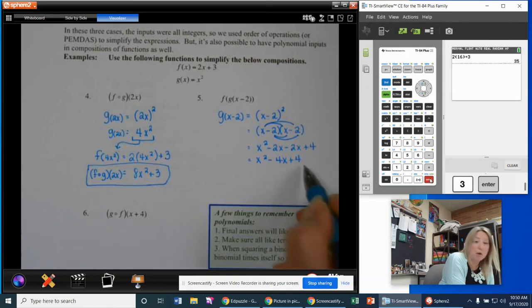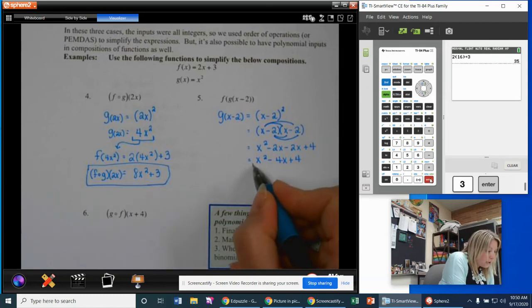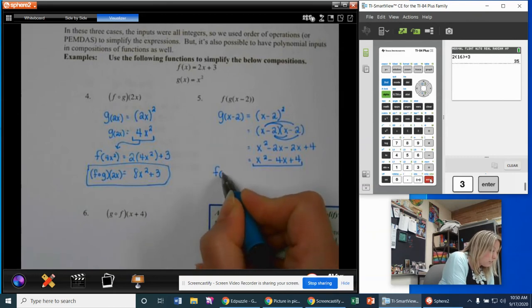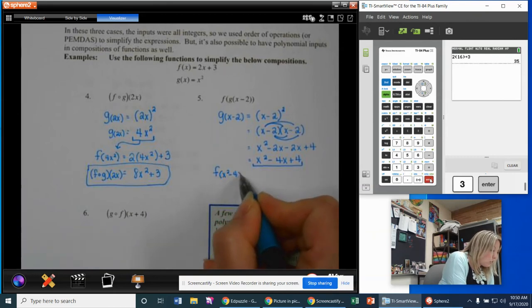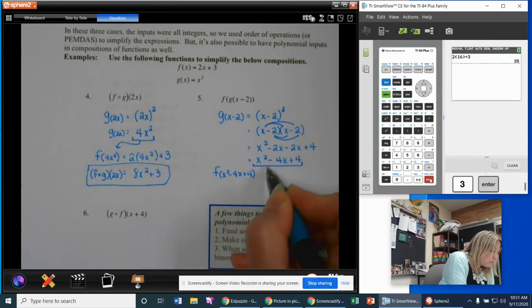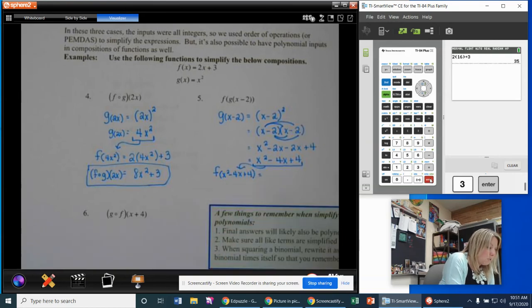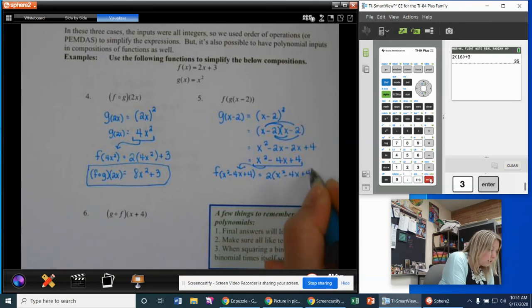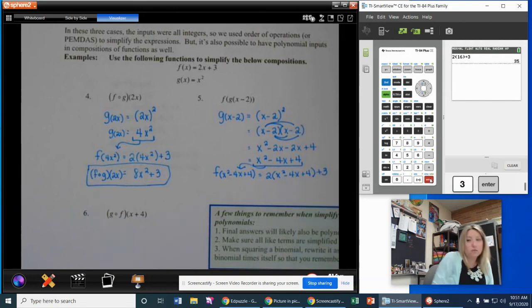Now, the crazy part about this whole thing: it now gets plugged in to your f function for your variable. So whatever you yield, that's now what gets plugged in for x. So 2 times x squared minus 4x plus 4, plus 3 at the end.